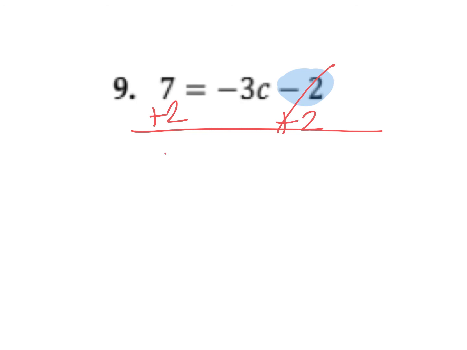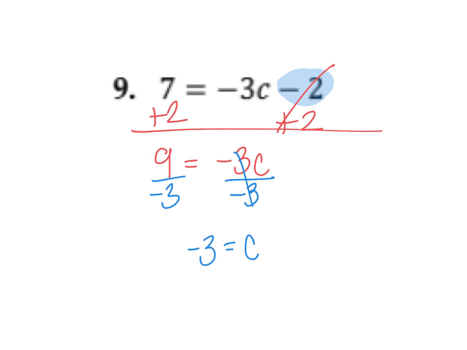So 7 plus 2 is 9. Bring down your equals, bring down the negative 3c. So I have 9 equals negative 3c. So get rid of the negative 3 in front of the c. I divide both sides by negative 3. And I get c equals 9 divided by negative 3, which is negative 3.